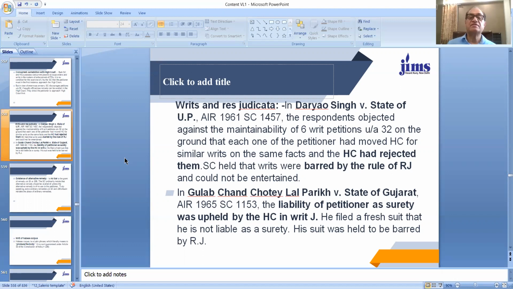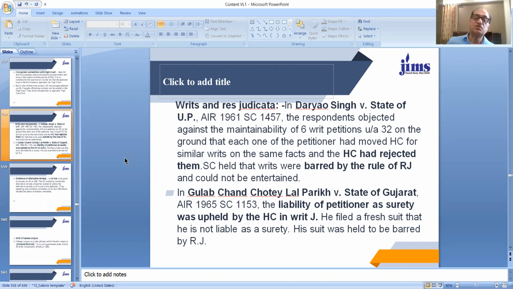The respondents, State of UP, objected to the maintainability of 6 writ petitions under Article 32 on the ground that each one of the petitioners had moved the High Court for similar writs on the same facts, and the High Court had rejected them. Then the Supreme Court held that the writs were barred by the rule of res judicata, that is section 11 CPC, and could not be entertained because you have already approached the High Court.